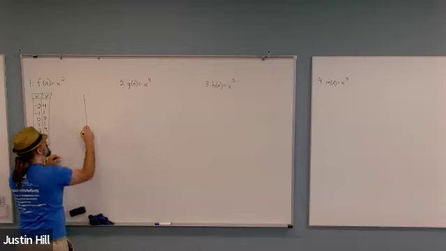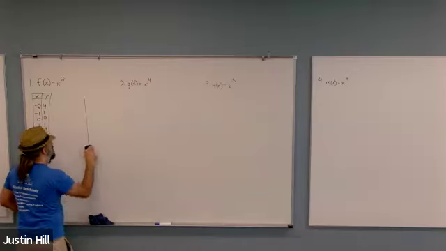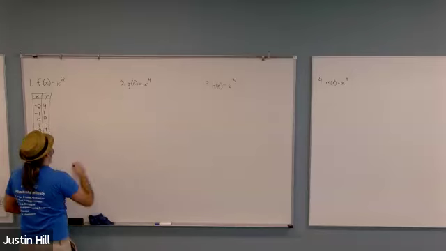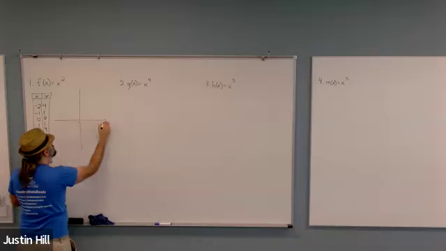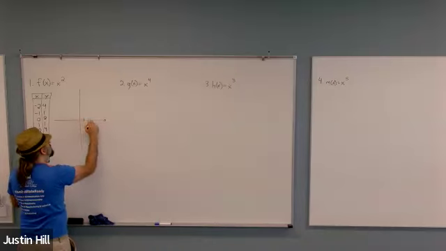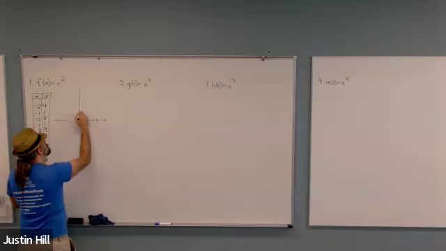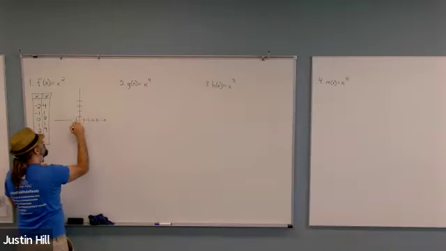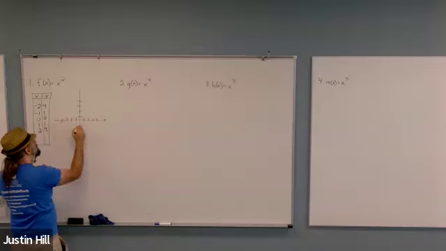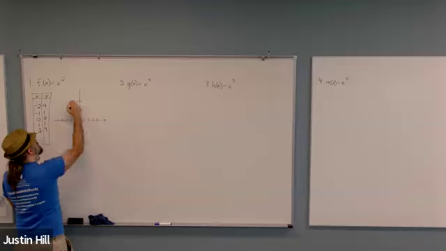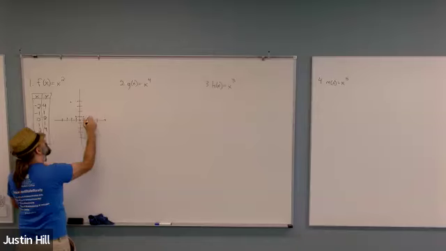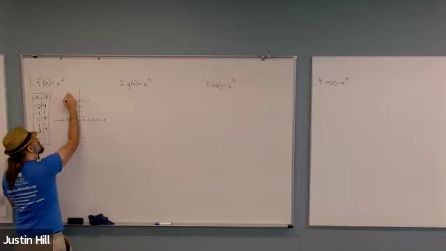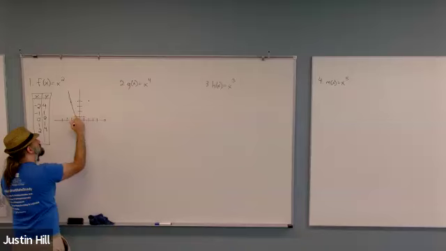So let's graph that. -2, 4, -1, 0, 1. There is the old parabola that we're used to.